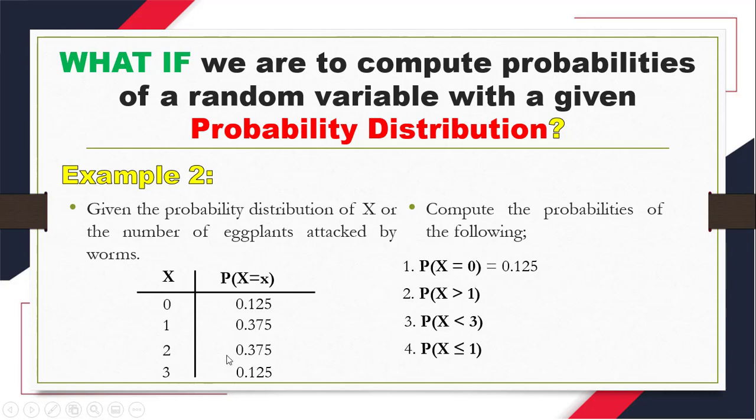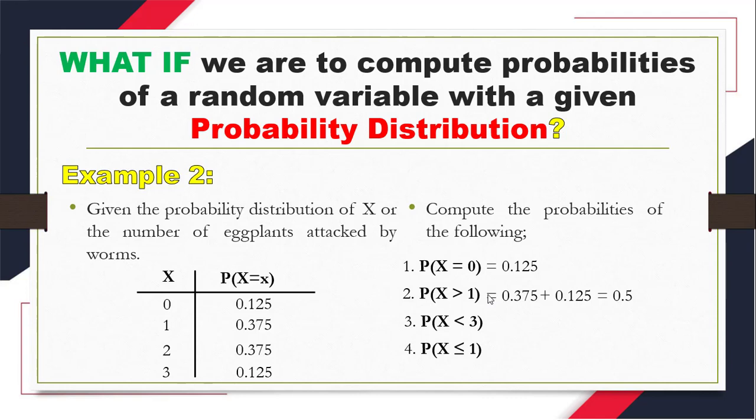So, we include these probabilities, which are 0.375 and 0.125. The probability that X is greater than 1 is 0.375 plus 0.125, which is equal to 0.5. It's as easy as that.